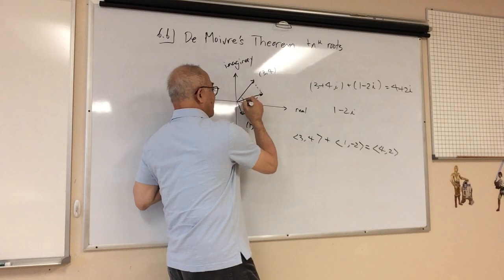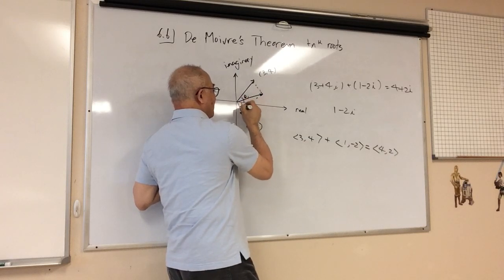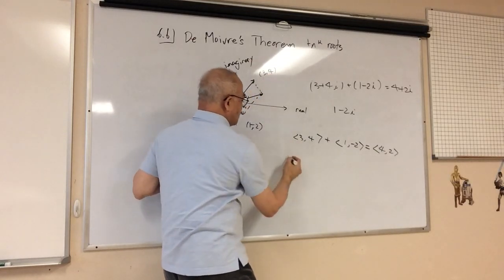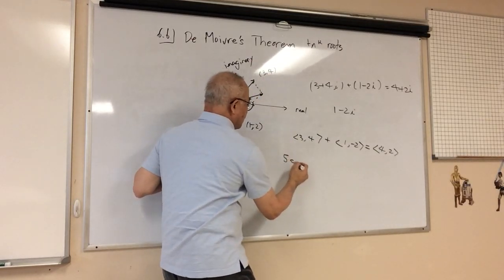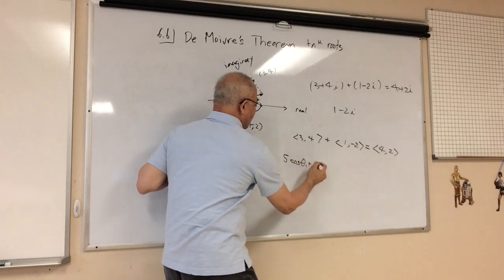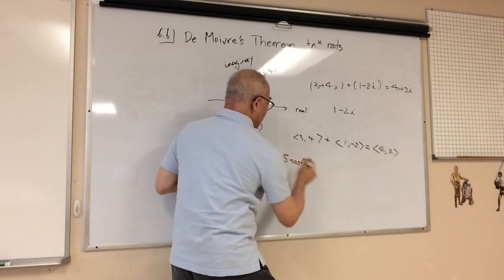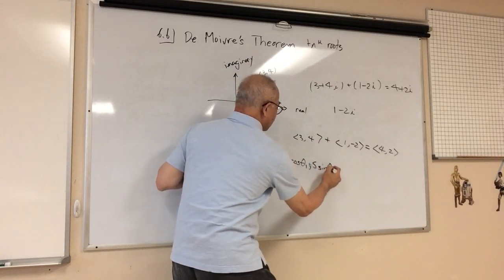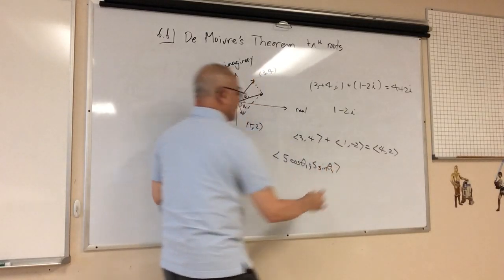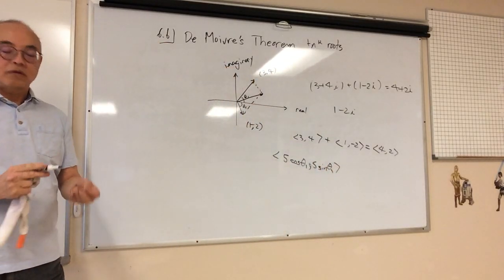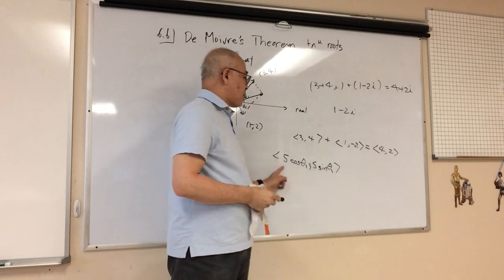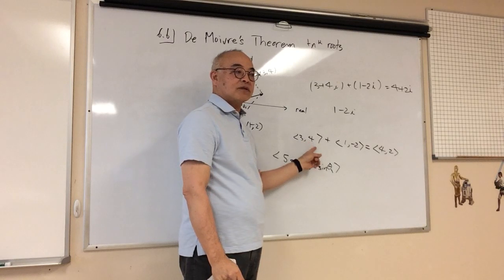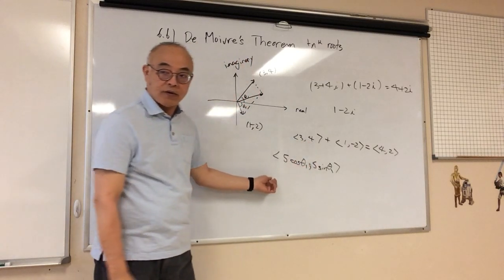Plus, as we talked about in vectors, can you see that if I call this guy theta 1, and this guy theta 2, what did I just do? 5 is the magnitude, right? 3 squared plus 4 squared is 9 plus 16, 25, and the square root of 25 is 5.